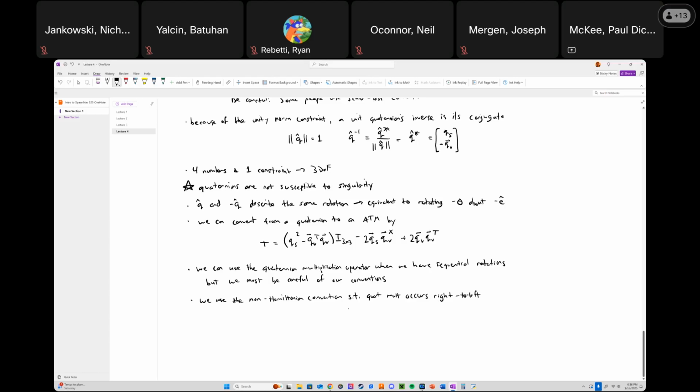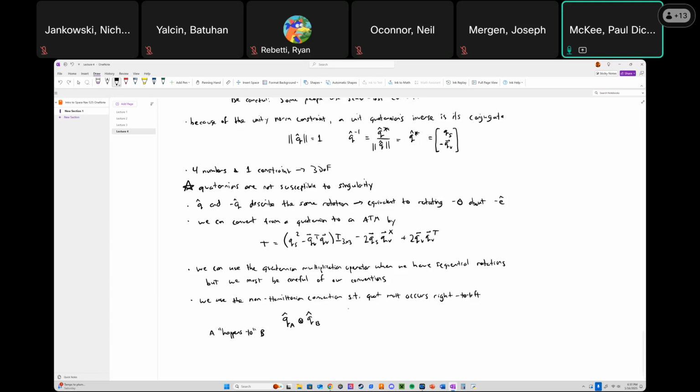So you can think of it as this. Let's say we've got quaternion A being multiplied by quaternion B. You could think of this as A happens to B, the same way that when you've got T times some vector, T happens to that vector. Same idea.